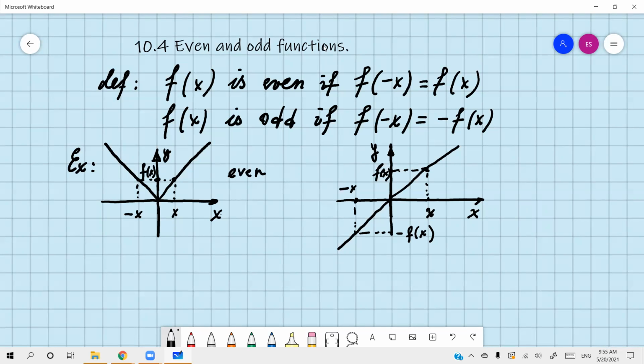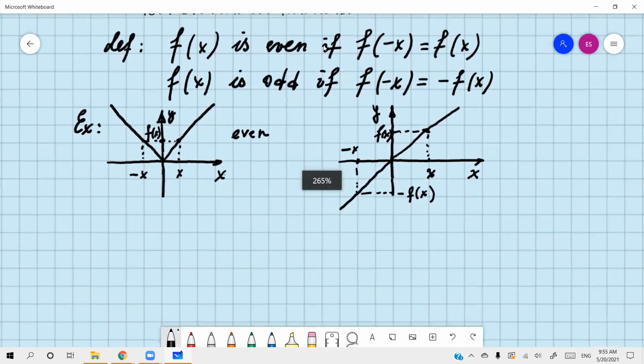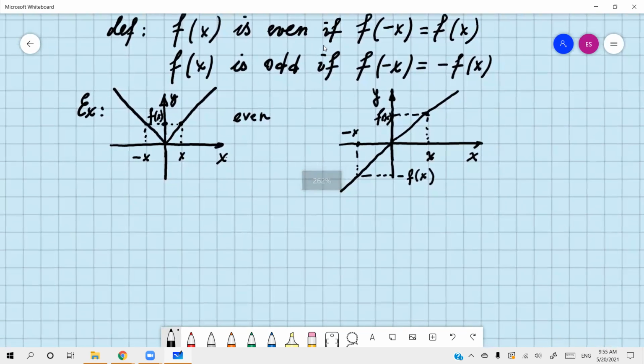What are the important properties of even and odd functions? Well, from the point of view of Fourier transforms and integrals, because in our coefficients we calculate integrals.